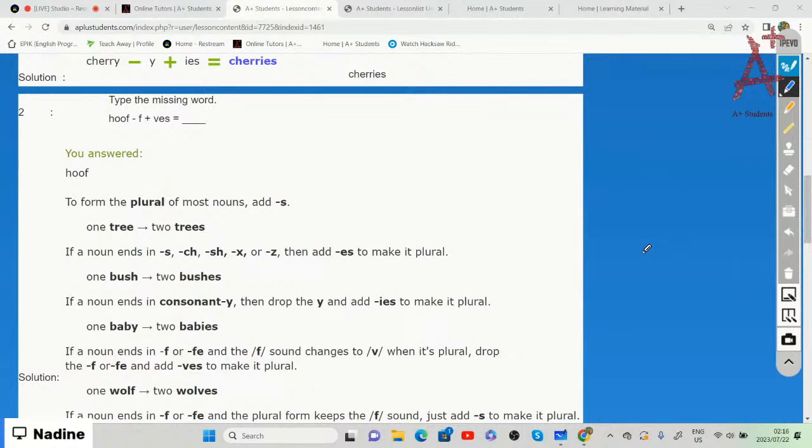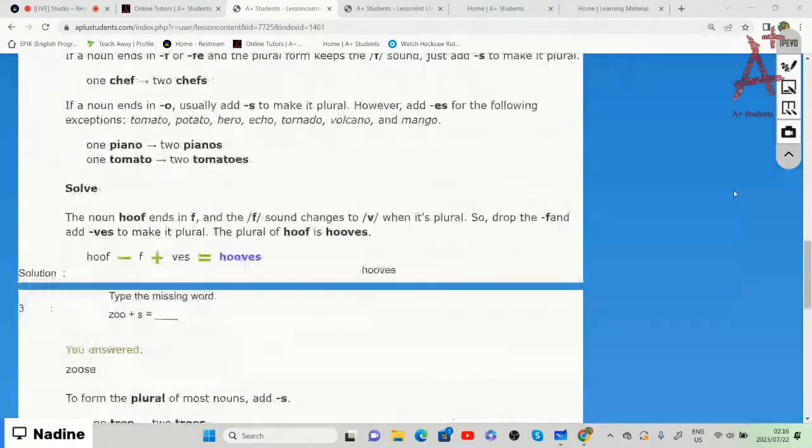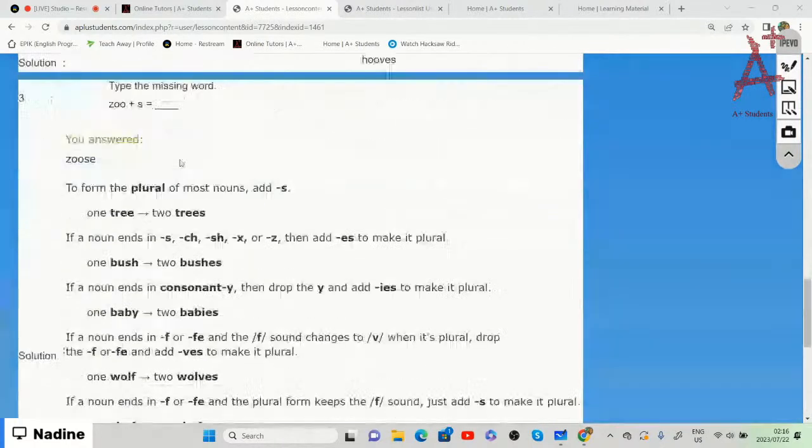With some words we just add an S, and with other words we add VES to show that it is plural. Zoo. One zoo, many zoos.